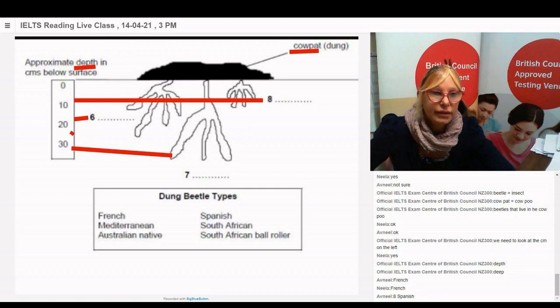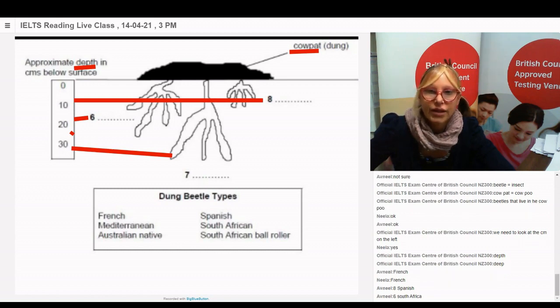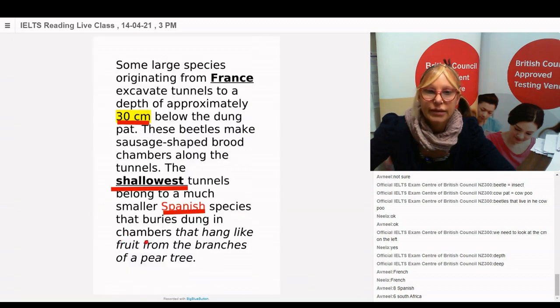And number 6, South Africa. Okay, good. Okay, the shallowest is the Spanish, and then South African is approximately 20 centimetres. Okay, perfect. So that's excellent.